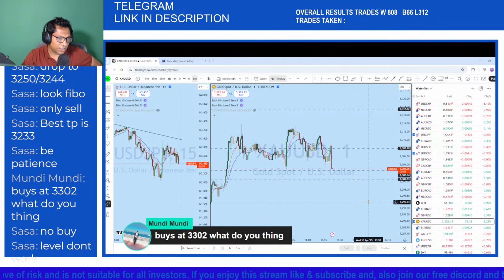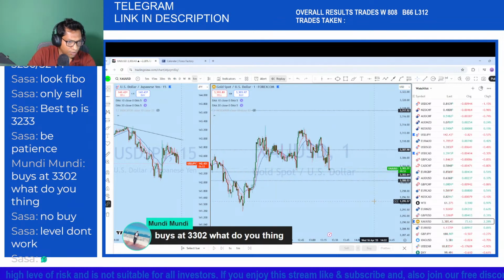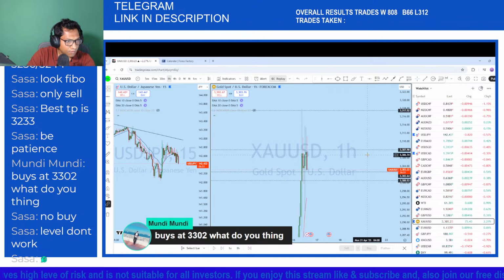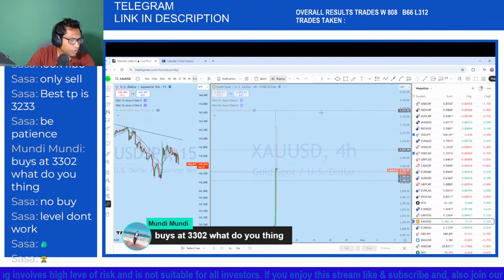Now what we can see is a sharp bearish price action, a drop to that order block, if you look at the 4 hour here, just below the 4 hour support.